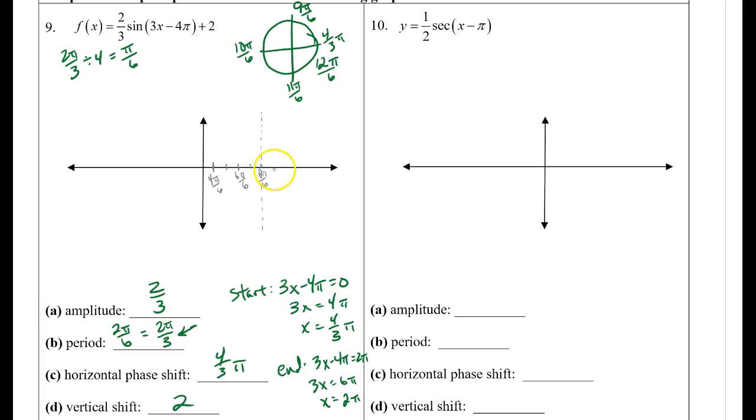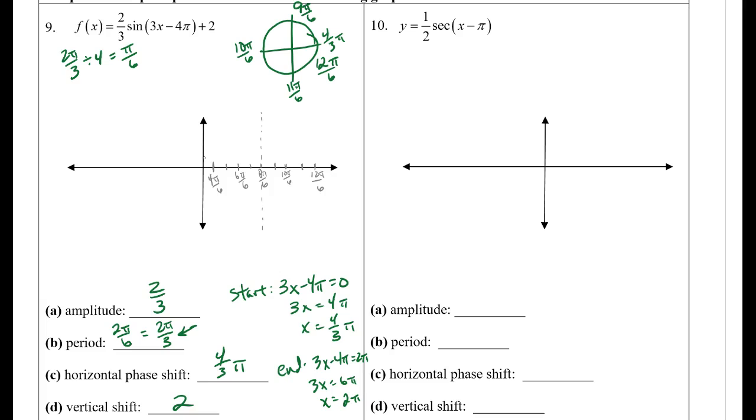That's my starting point. 9 pi over 6, 10 pi 6, 11 pi 6, 12 pi 6. So that's going to be 2 full revolutions in there. I know that my graph has been shifted up 2 units, and then the amplitude is also 2/3.